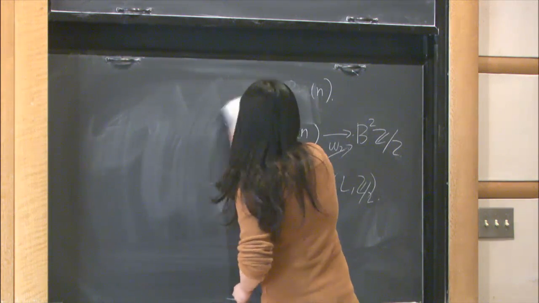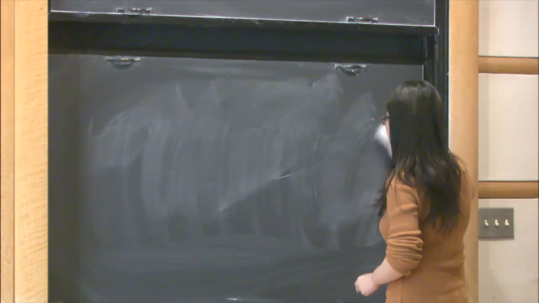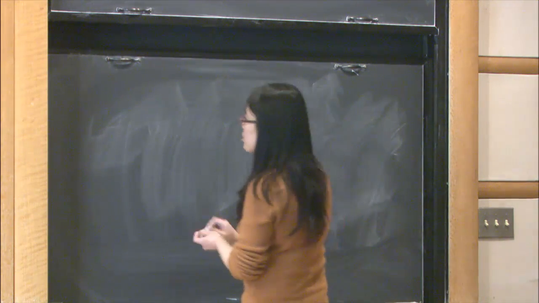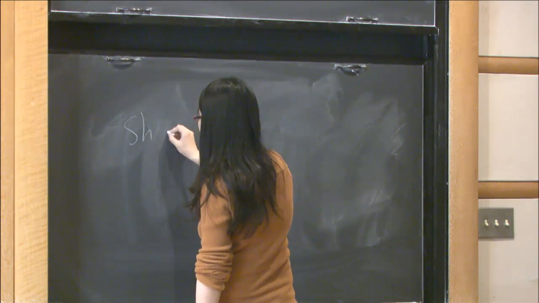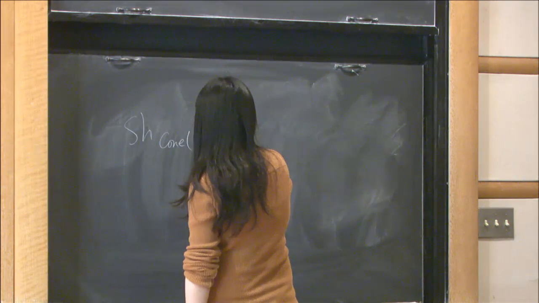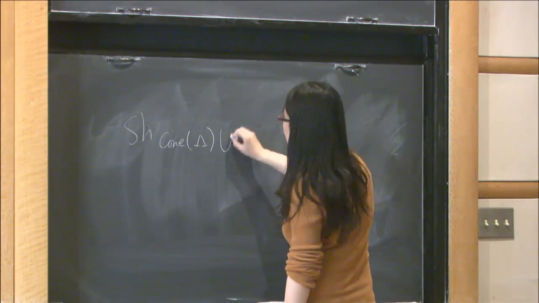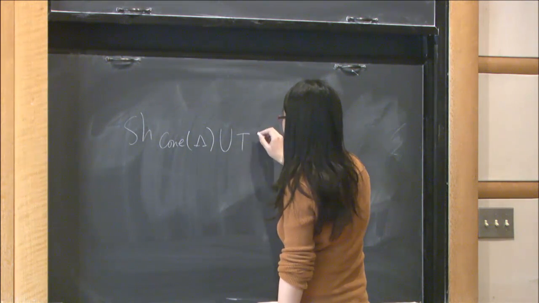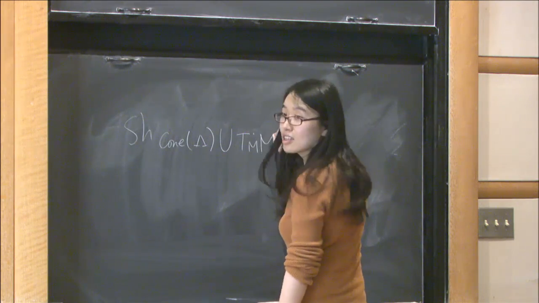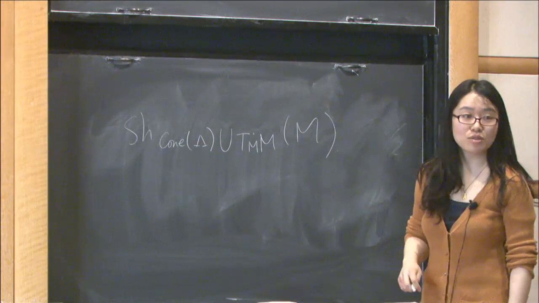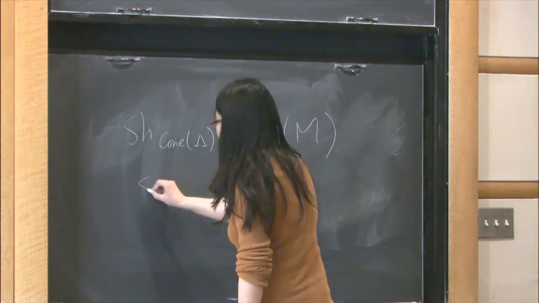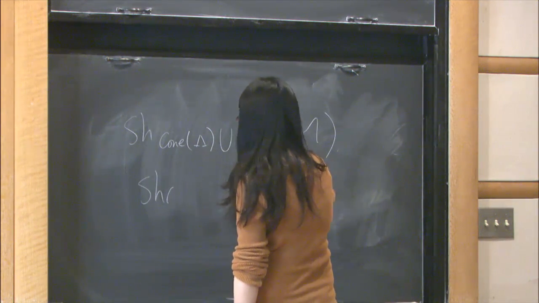So then one can form the following categories. First, from this lambda, you can form sheaves with singular support in the cone over lambda, and then union the whole of the 0 section. This is an interesting category. Another interesting category is a localized version of this.